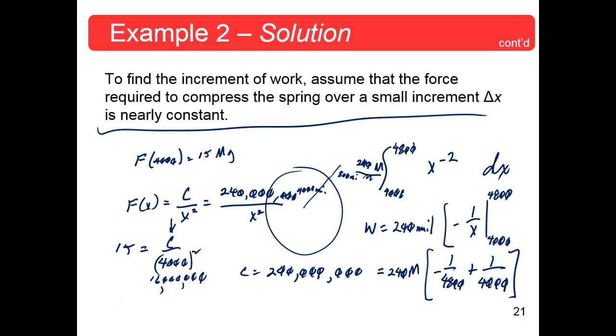You got calculators. Someone plug it in and see what you get. 1 over 4,000 is going to be a pretty small decimal number. Minus 1 over 4,800 is going to be a slightly smaller decimal number. The difference of those is going to be a pretty small decimal number. Multiply that by 240 million. And what do you get?